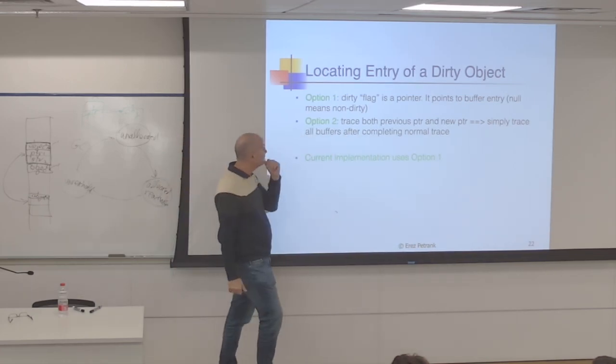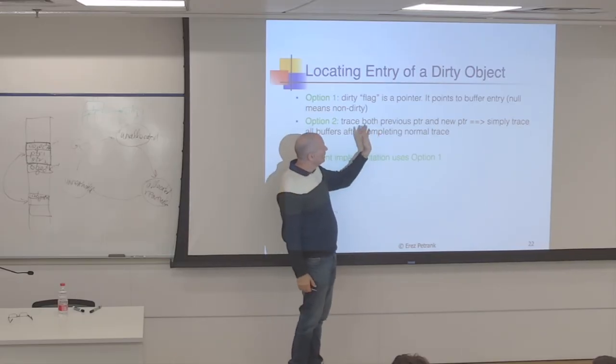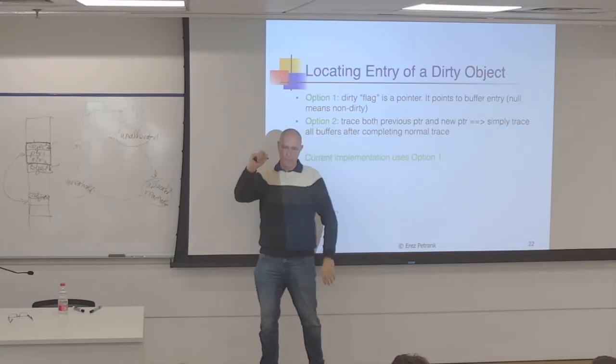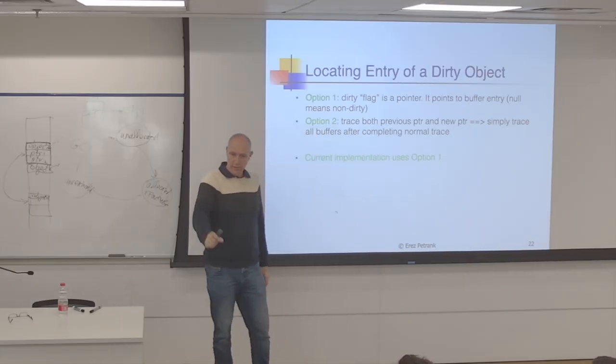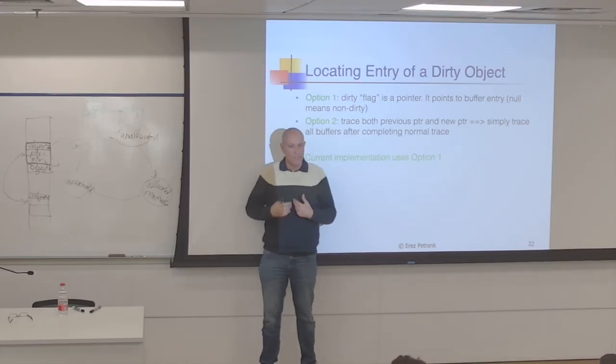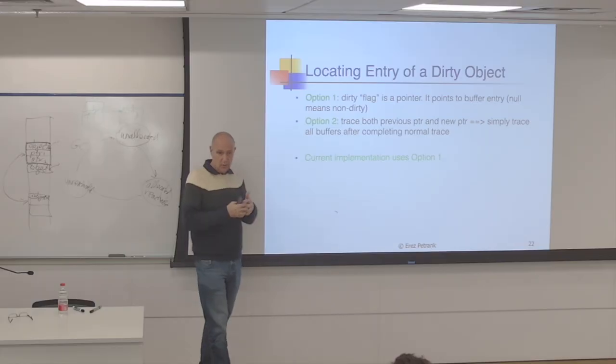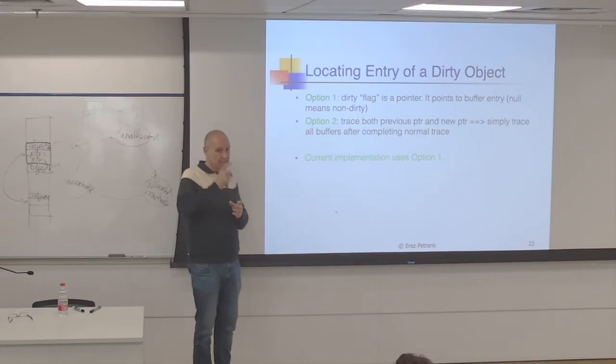This is a way to get to it when you need to traverse or scan an object. And option two is you don't keep a pointer, you just keep a bit. You go traversing whatever you can from the heap, whatever is non-dirty, you traverse it. For all the dirty things, you just keep a list of all the pointers that you could not traverse because they were dirty.